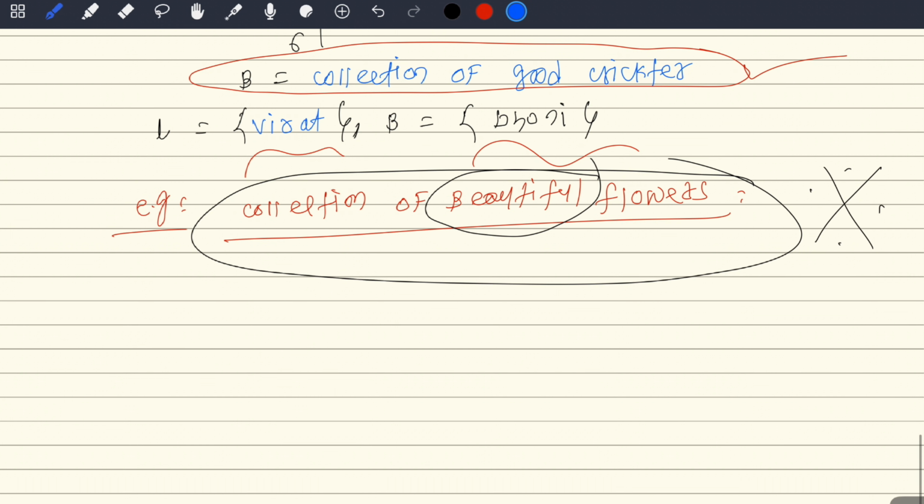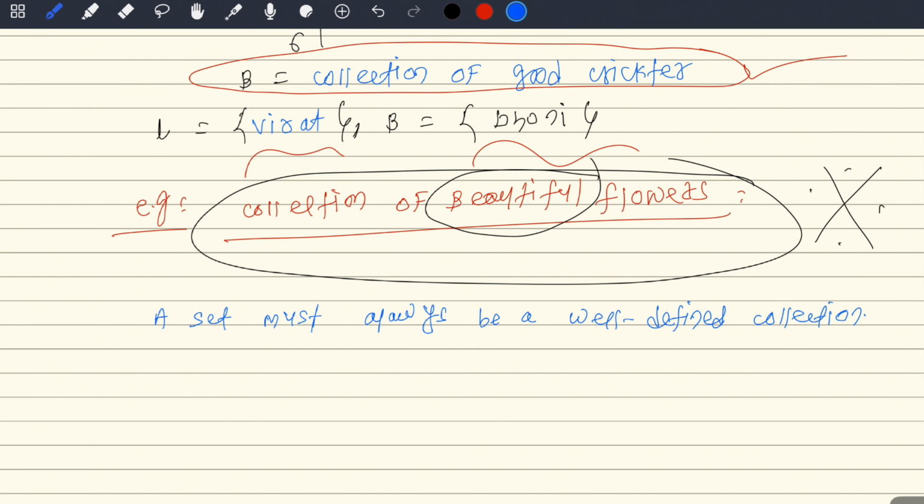So what is the meaning of set? A set must always be a well defined collection. So it is a collection.